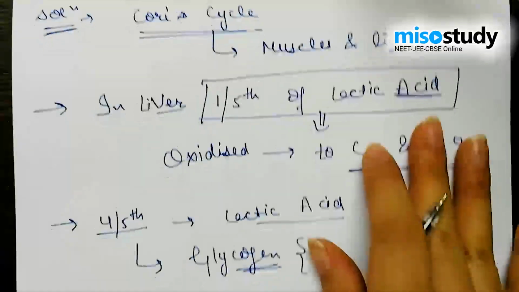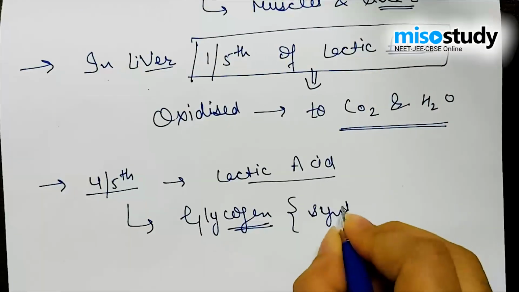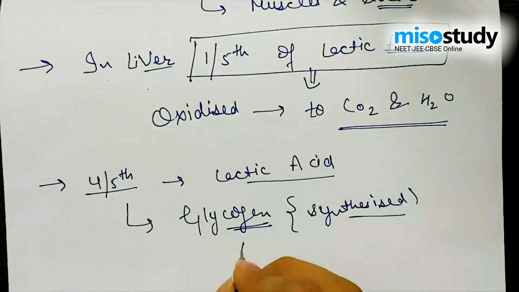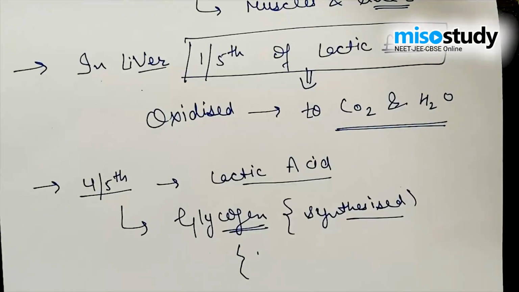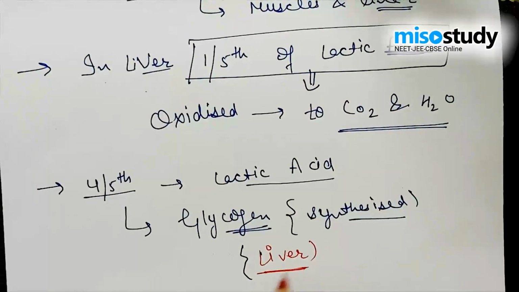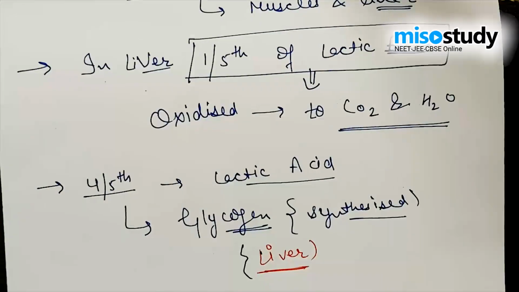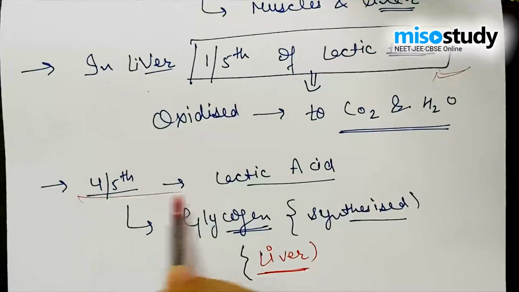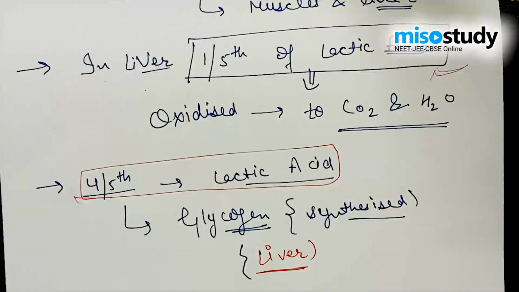That synthesis occurs in the liver. So there are two categories in the liver, one for the 1/5 of lactic acid and another for the 4/5 of lactic acid.